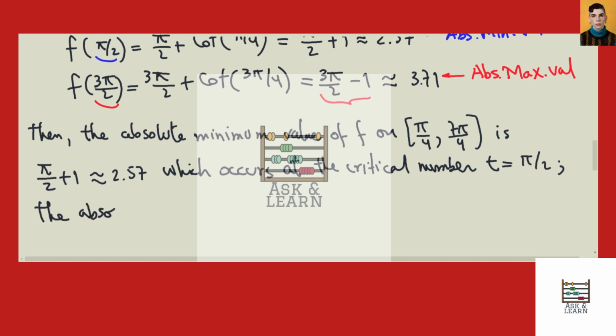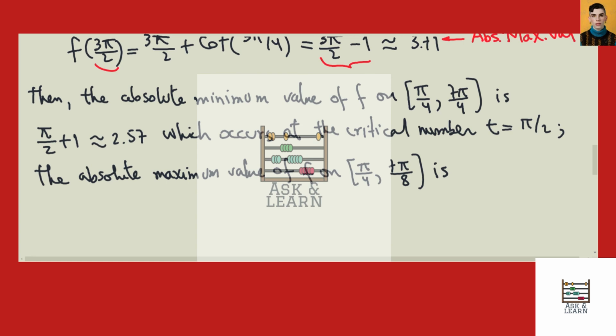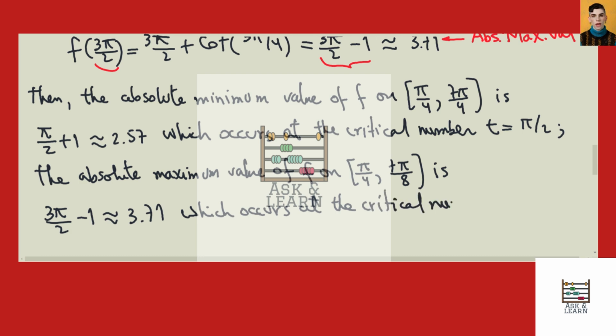Now we go for the absolute maximum. The absolute maximum value of the function f on the closed interval pi fourth to 7 pi fourth is 3 pi half minus 1, which is approximately equal to 3.71, and that value occurs at the other critical number of the function, t equals 3 pi half.